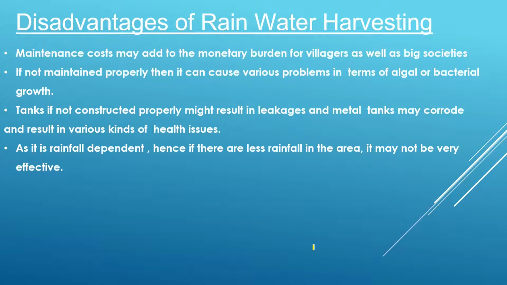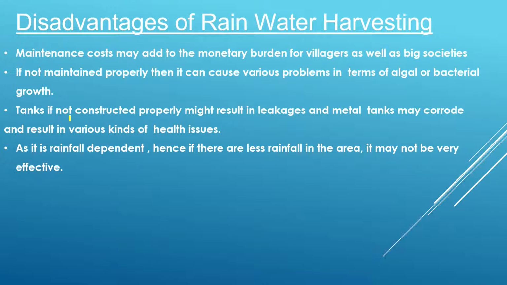Disadvantages: maintenance costs may add to the monetary burden for villagers as well as big societies. If not maintained properly, it can cause various problems in terms of algal and bacterial growth.